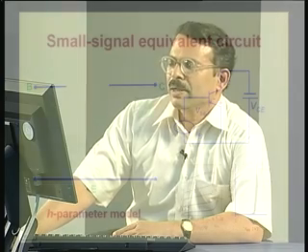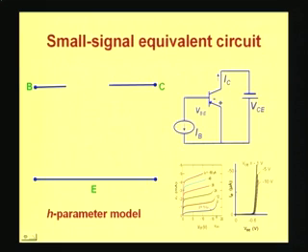Now let us see what these equivalent circuit components mean. Now this is the DC biasing arrangement for measuring the common emitter characteristics. So what we do is we superimpose a small base current on the DC current existing.